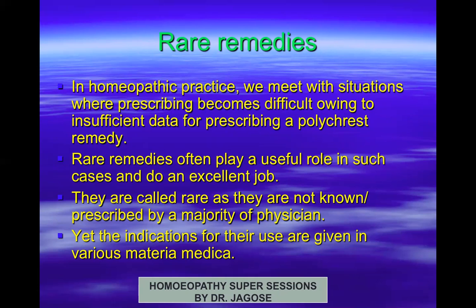These are confirmatory symptoms at the bedside which have been confirmed. And these are known as rare remedies. Why? Because they exhibit certain characteristic symptoms, and the symptomatology of the drug is not very extensive or vast. These rare remedies may not be known to all physicians, therefore they are rare.